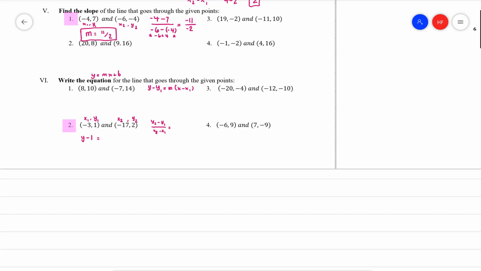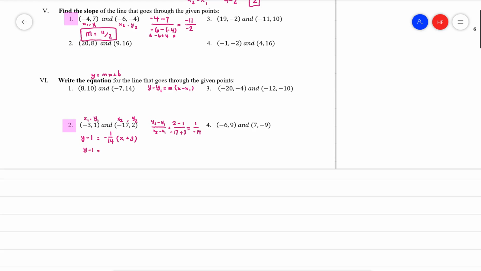So we'll find our slope, 2 minus 1 over negative 17 plus 3. We would have a double negative there, which is 1 over negative 17 plus 3 is negative 14. So that goes where my m is. And then we'll continue x minus x1. So x minus x1 is negative 3. So double negative there.